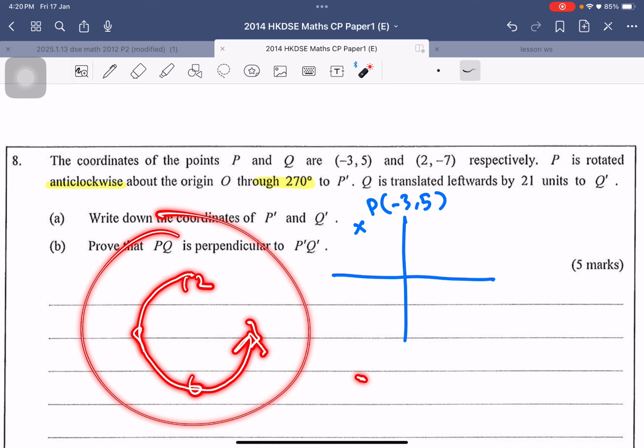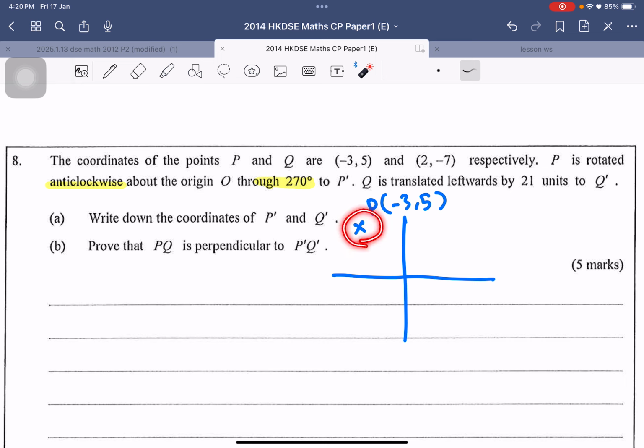So in other words, anti-clockwise 270 degrees means clockwise for how many degrees? 90 degrees. Anti-clockwise 270 is the same as clockwise 90. So for this point, rotate clockwise 90 is going to become 1, 2, 3, 4. Which one? 1, yes. So the point must be here.